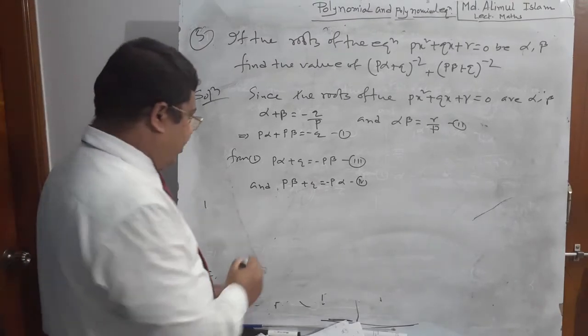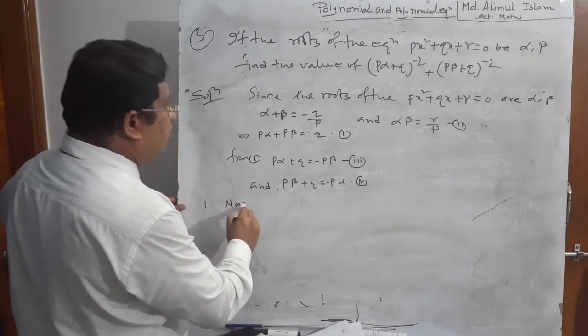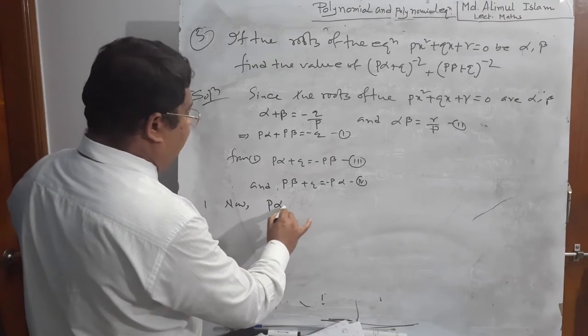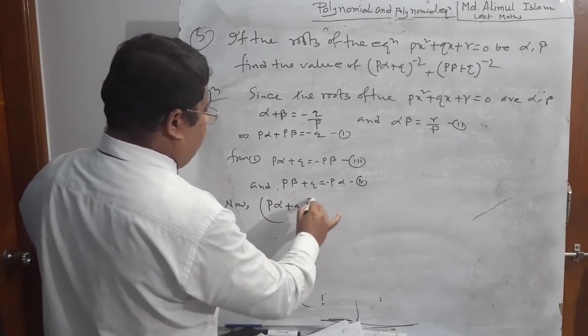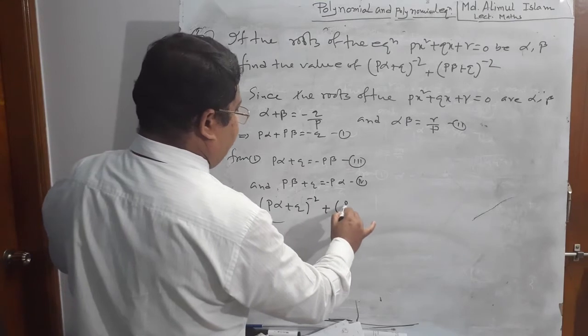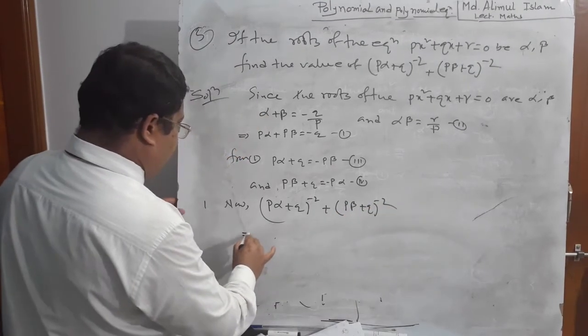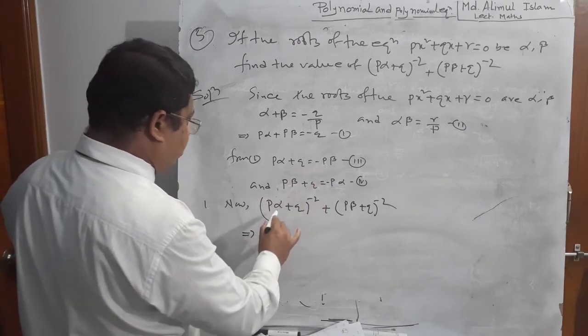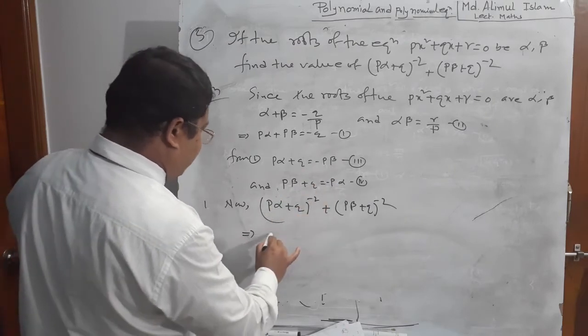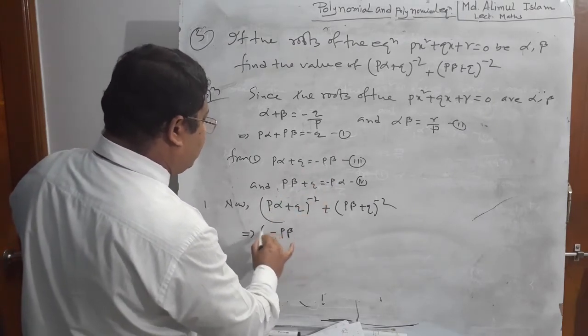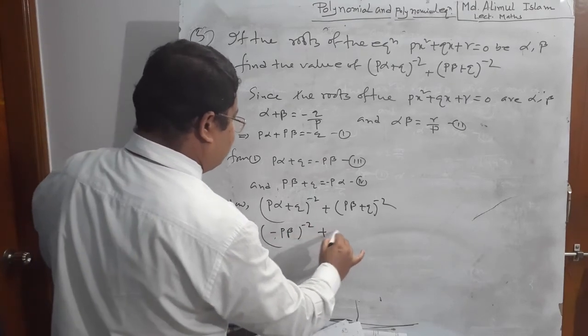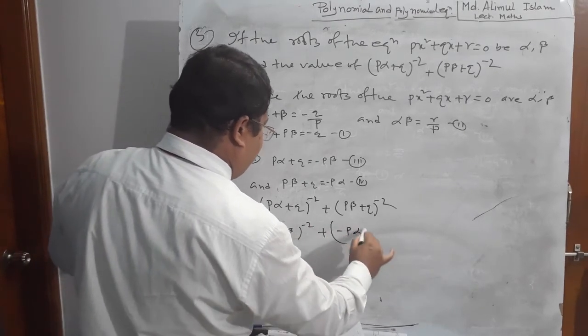Now write (pα + q)⁻² + (pβ + q)⁻². Then you put the values from 3 and 4: (−pβ)⁻² + (−pα)⁻².